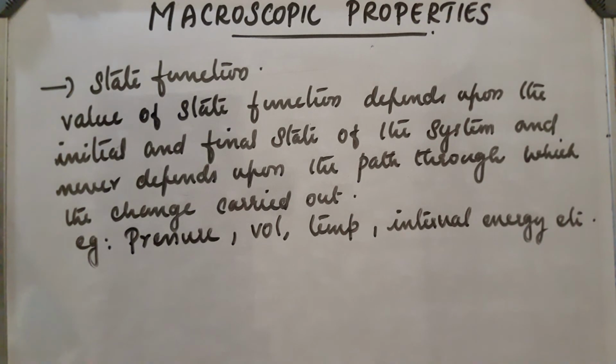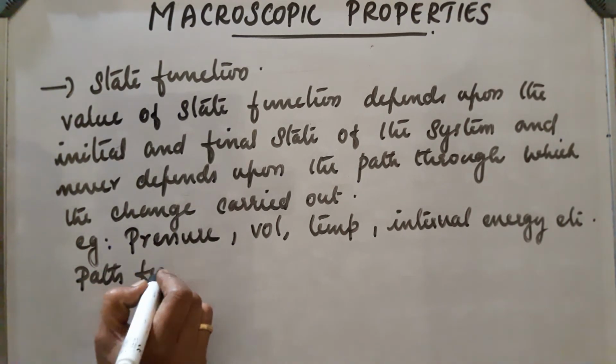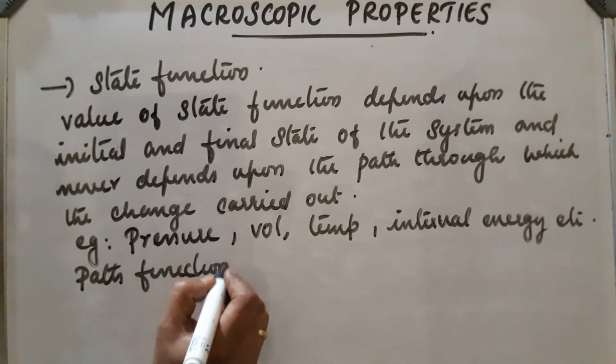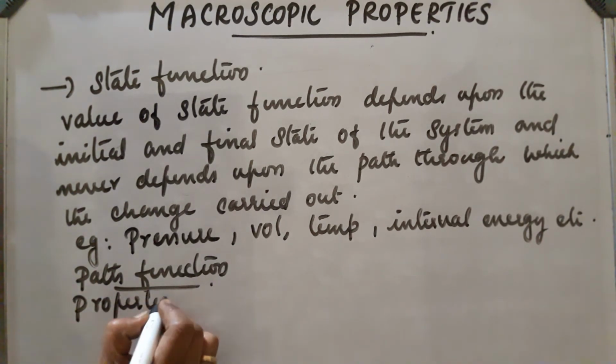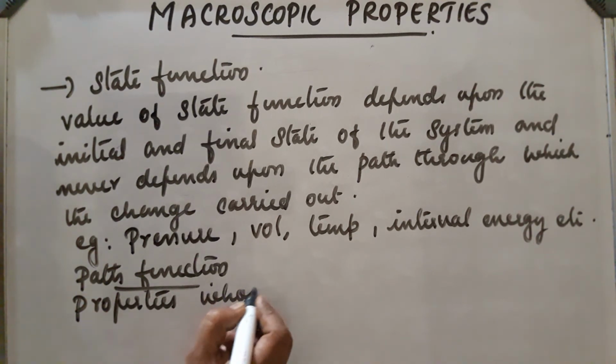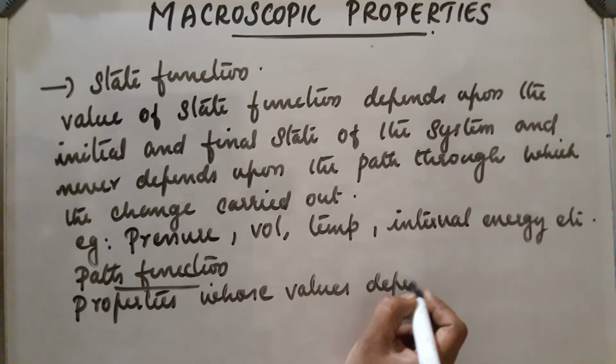Now next, what is a path function? The value of a path function depends upon the path through which the change is carried out. Properties whose values depend upon the path followed are called path functions.